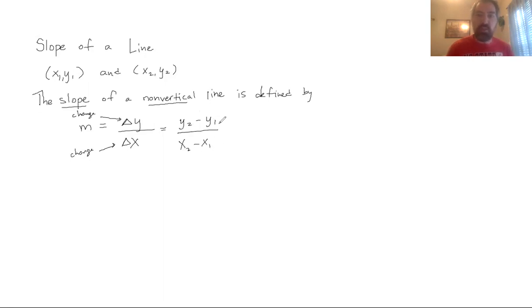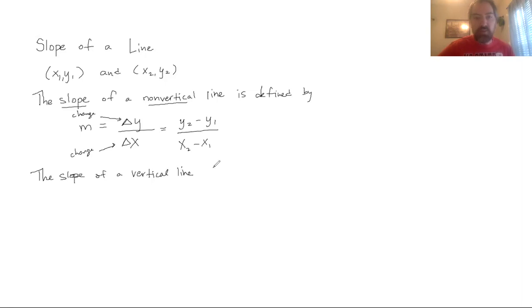Now we say this is only for non-vertical lines. If we have a vertical line, we have to treat this differently. Think about what would happen with the slope: the x values are the same.